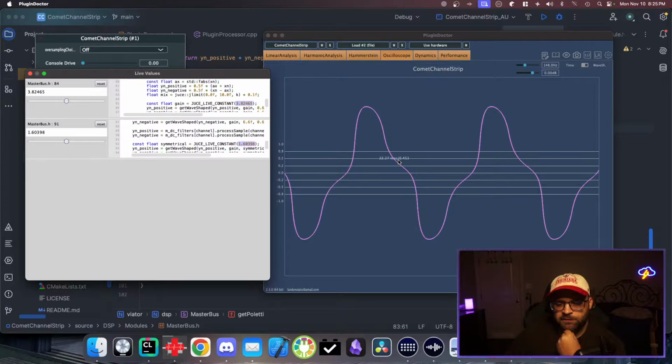This doesn't look right. So the left side of the waveform is different from the right side here. And to me, that would mean that something is backwards with our negative and positive. Yeah, you see, if you follow the left side all the way up and then all the way down, it's definitely different.